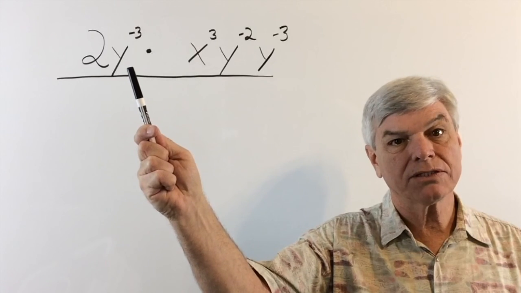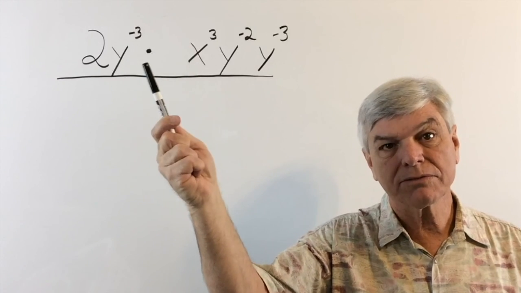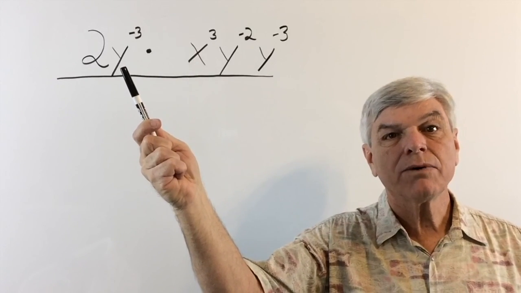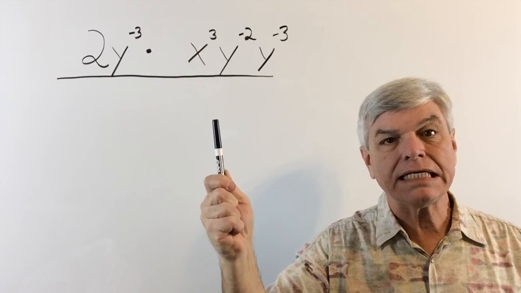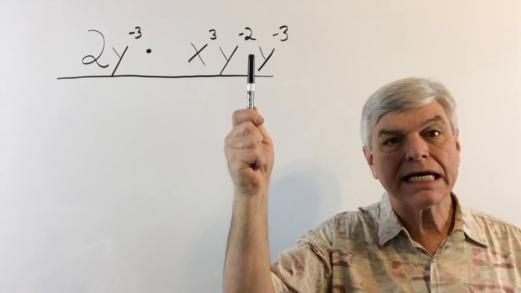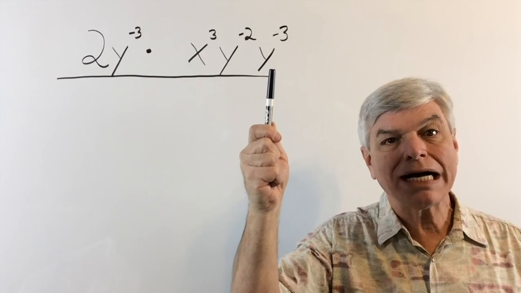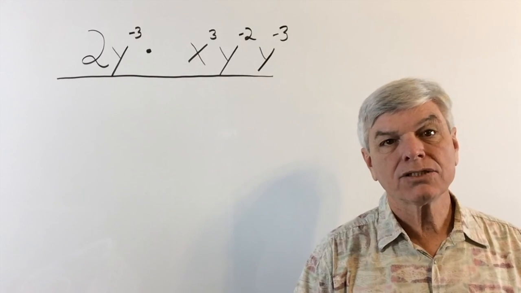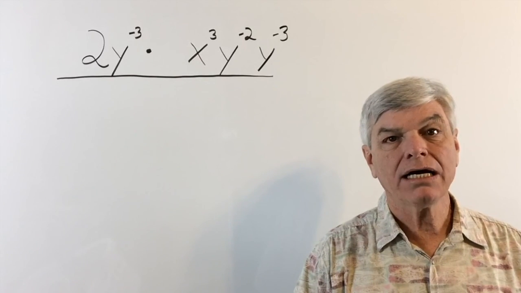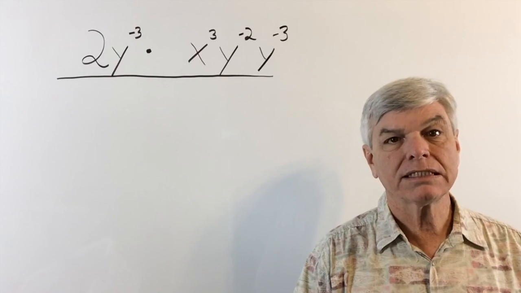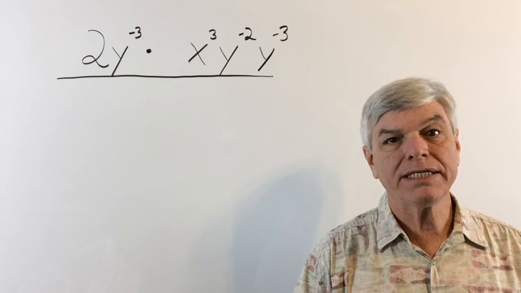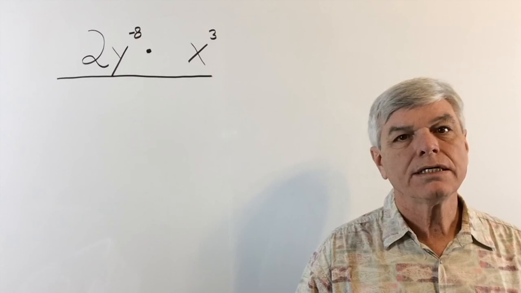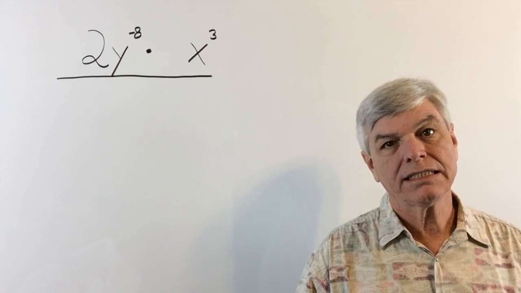That is, the exponents are negative, all of the variables are positive. So we have y to the negative 3, y to the negative 2, y to the negative 3. So what are we going to do? We're going to add our exponents. And that is going to be y to the negative 8.